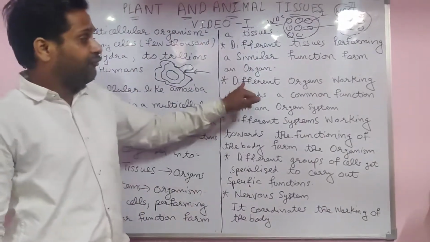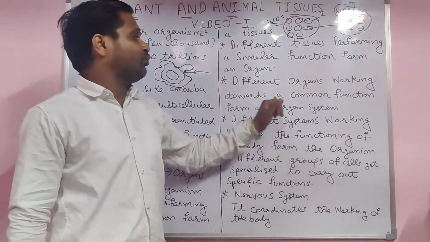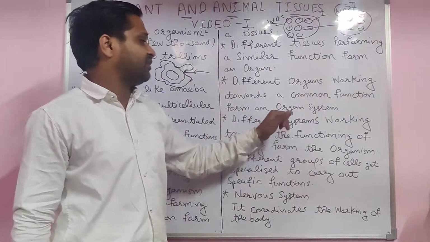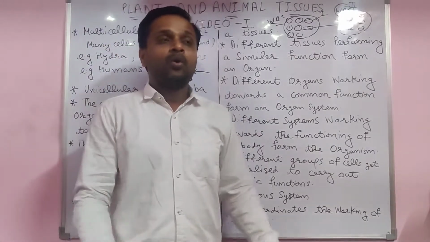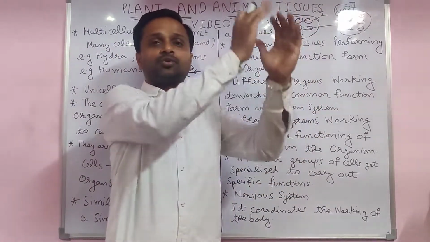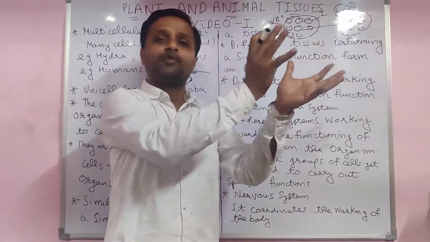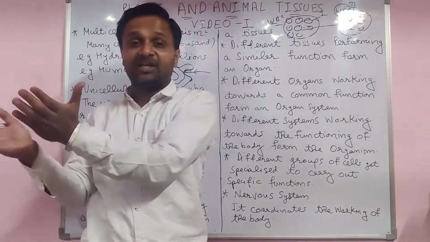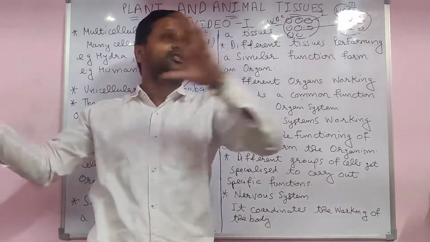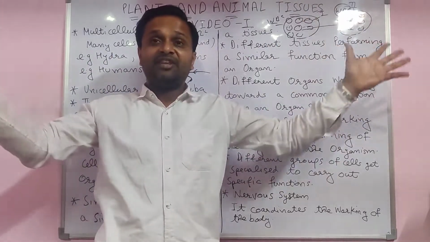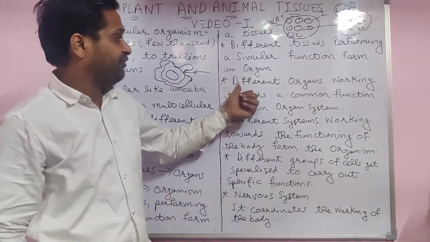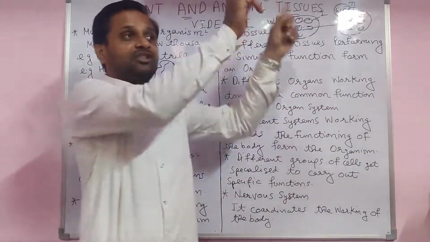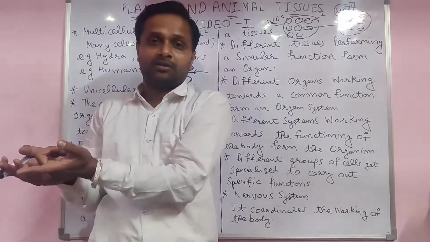Yes, different organs working towards a common function form an organ system. Here the first tissue and second tissue both perform the same function. Here is another tissue which performs a different function. When they combine different organs, this is the first organ, this is the second organ.